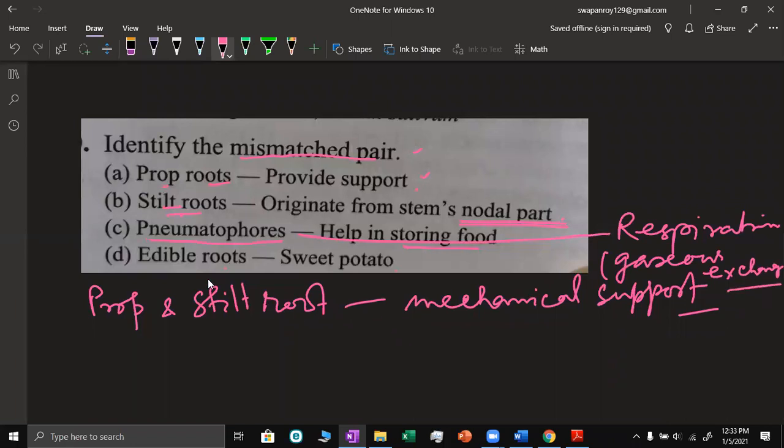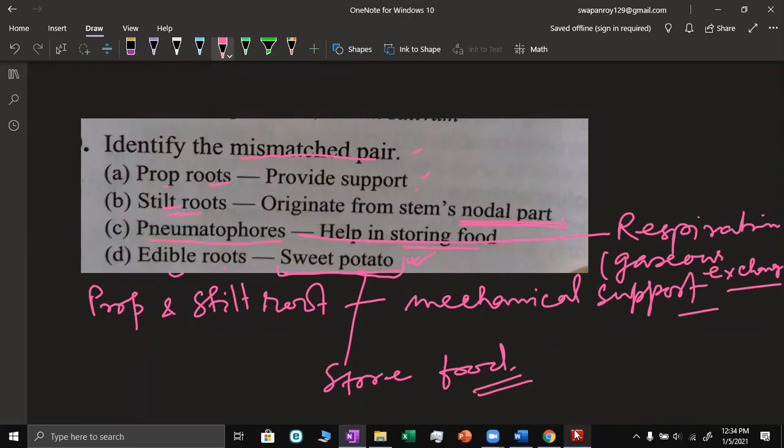Edible root, sweet potato, that sweet potato we eat, that is root, and this is adventitious root. So edible root is sweet potato. This is also correct. Sweet potato stores food. Sweet potato is for storage.